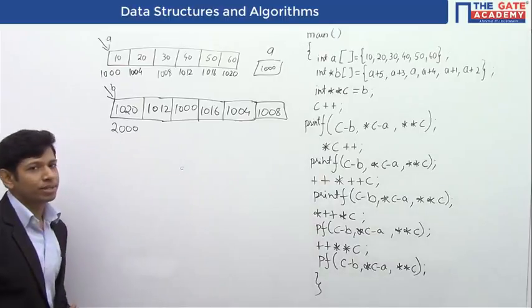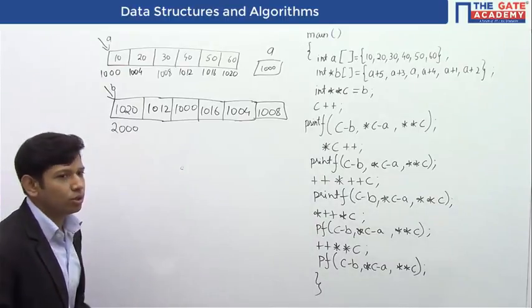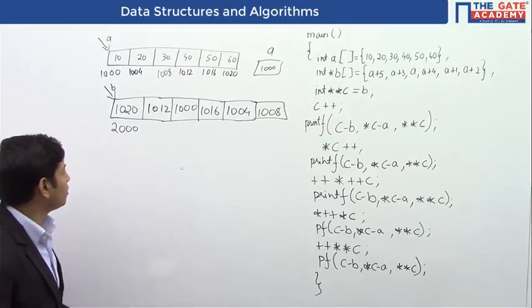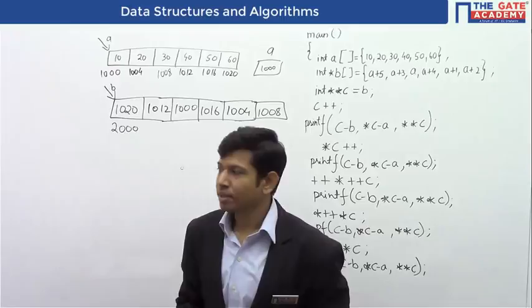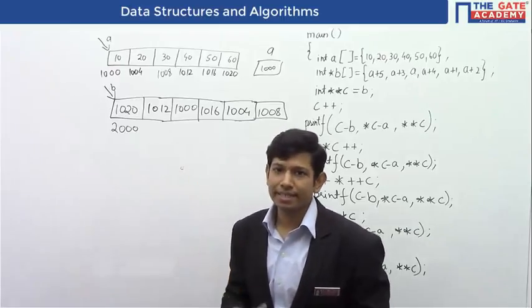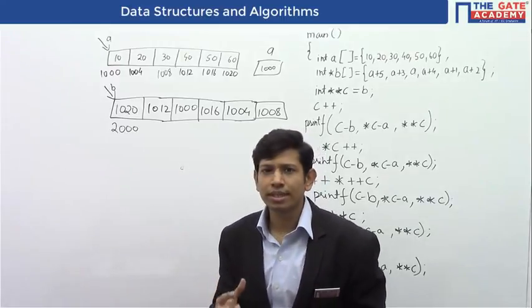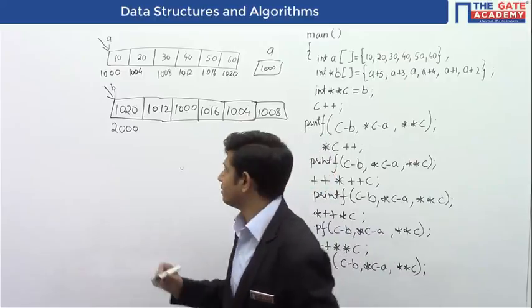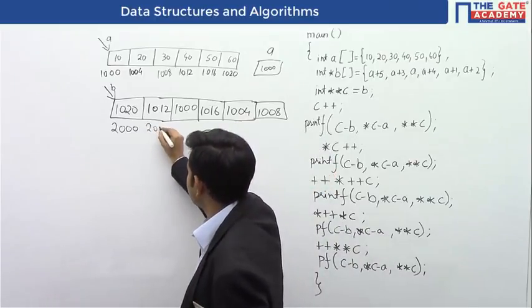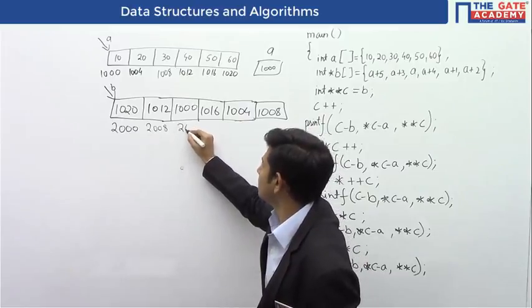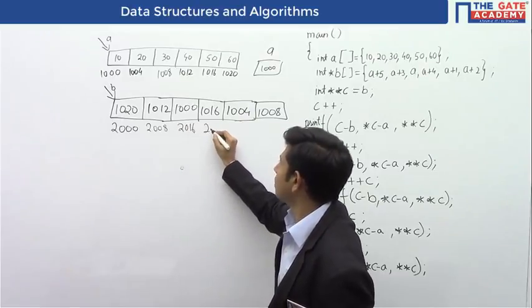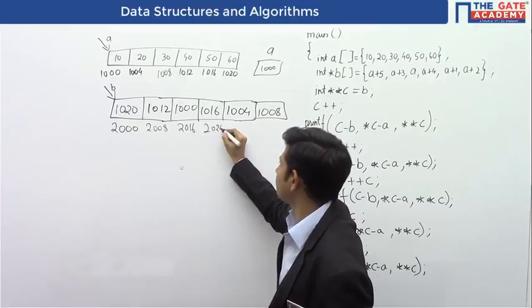First 8 bytes would be reserved for storing this 1020. So it will reserve the memory locations from 2000 to 2007. Those would be the 8 bytes. Next 8 bytes from 2008 to 2015. Next 2016. Next 2024.